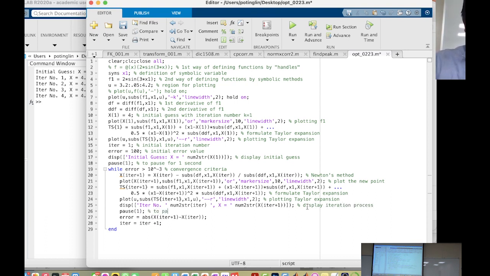Here just to pause for 1 second. Here is to update the error value for convergence check, and here is to advance iteration number by 1. Okay, I will give you this file.